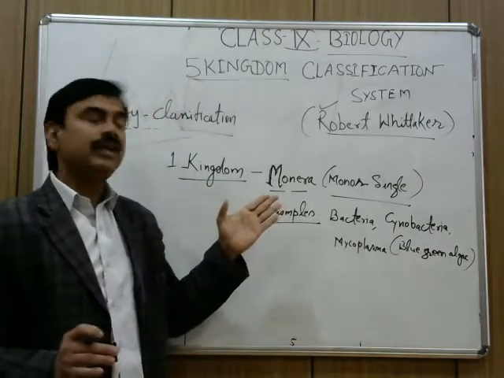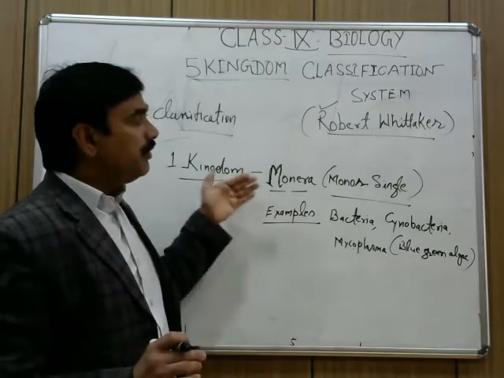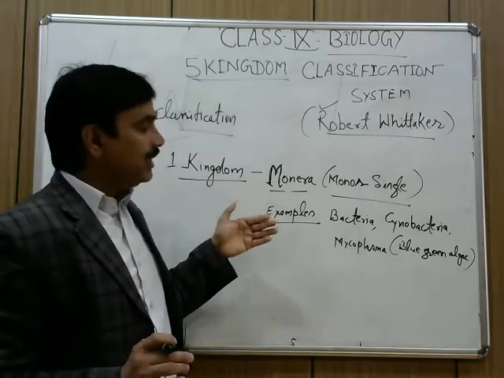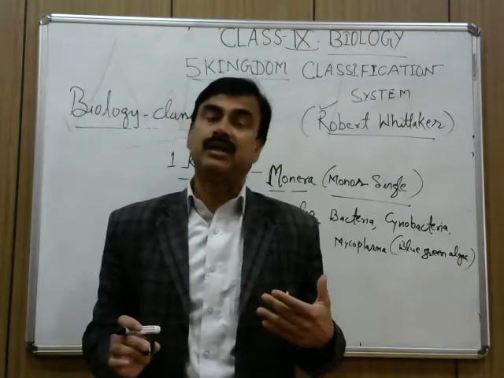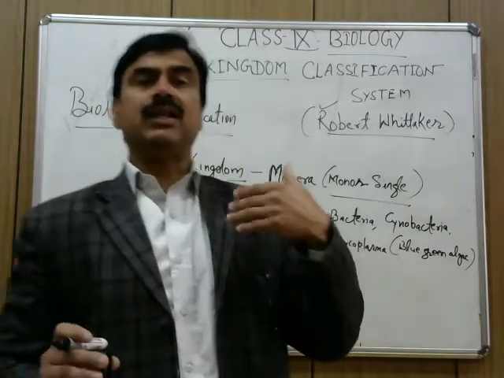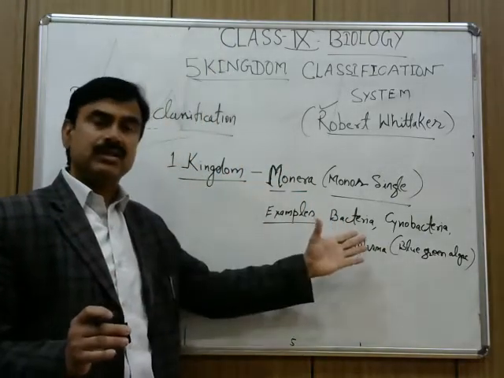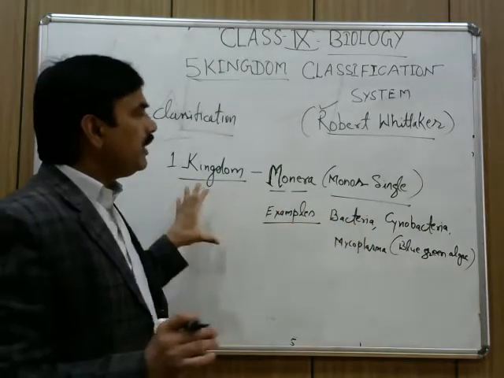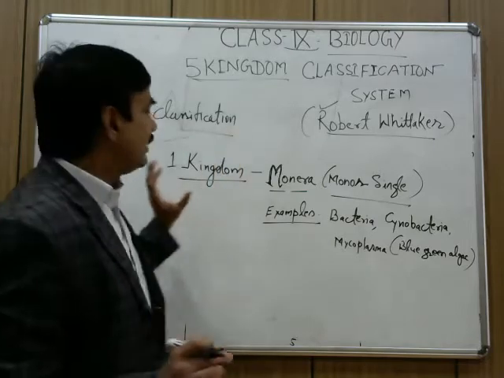In this category, all the organisms are very undeveloped, single-celled, and chlorophyll is absent. In the next classes you will notice the characteristics of the Monera. So the first kingdom out of the 5 is the Monera.